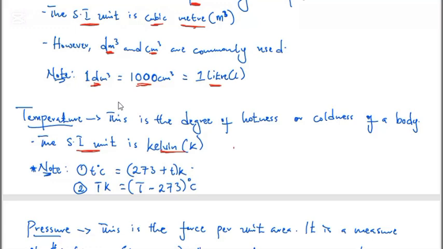So for example, 0 degrees Celsius to Kelvin, what do you do? You add 273. So 0 plus 273 is equal to 273 Kelvin. So 0 degrees C is 273 Kelvin.